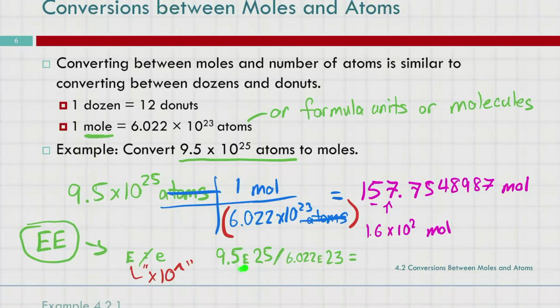This small capital E tells your calculator these two things are linked together, don't separate them. So make sure that you have at least one way of putting this into your calculator and getting the correct answer. It should look something like 158 moles. Questions?